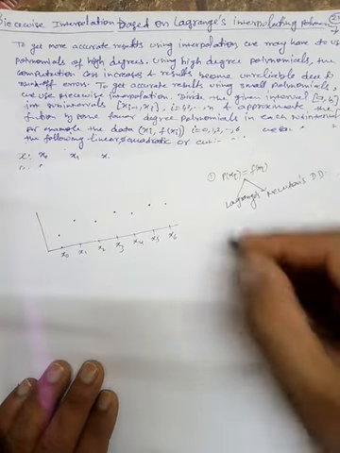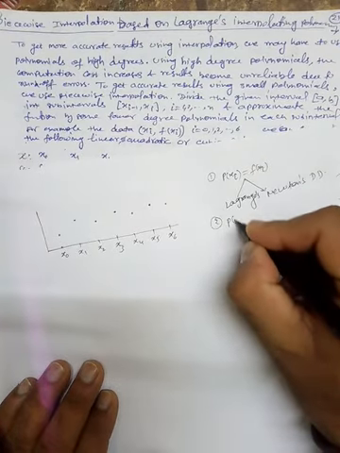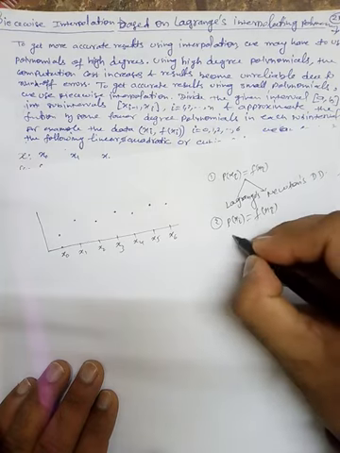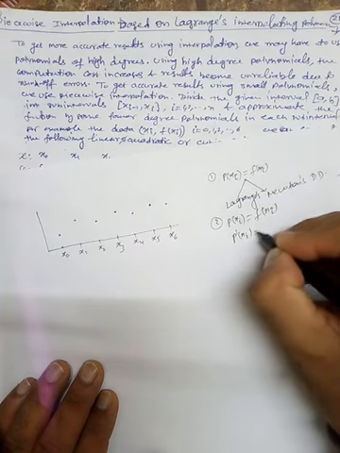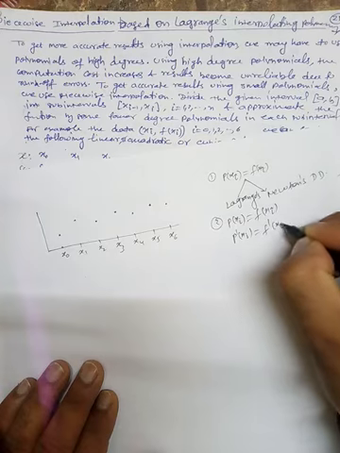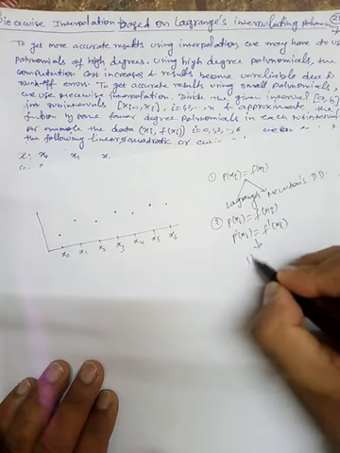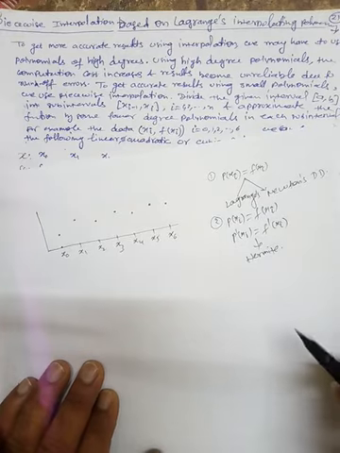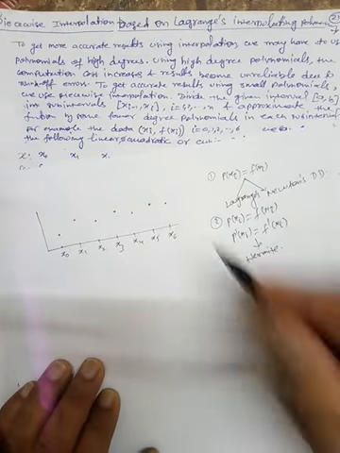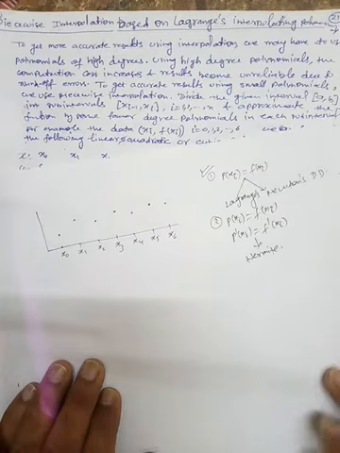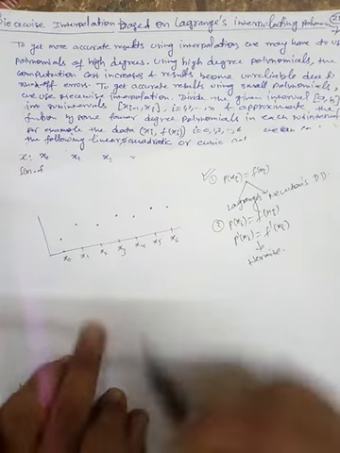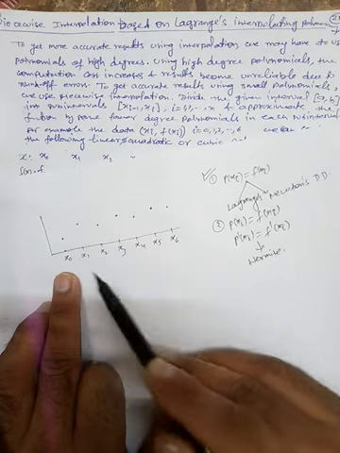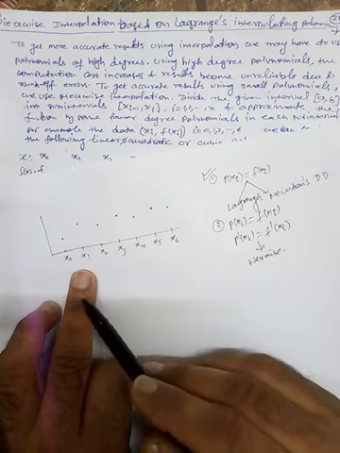Now the second kind of condition says that if we have p(xi) equal to f(xi) as well as p'(xi) equal to f'(xi), then we have the Hermite interpolation formula. Okay, so first we are discussing this type of condition. We have these data points xi and the corresponding values fi.